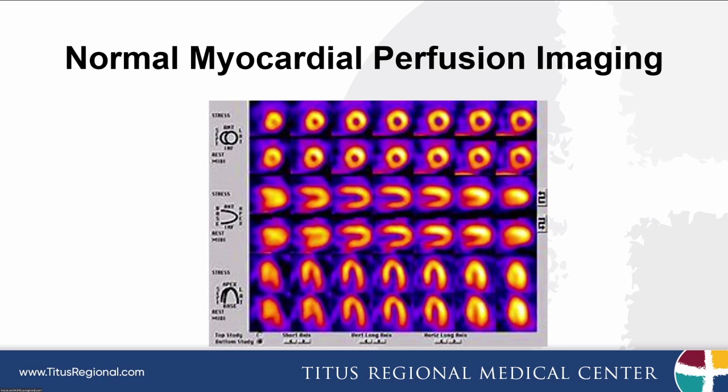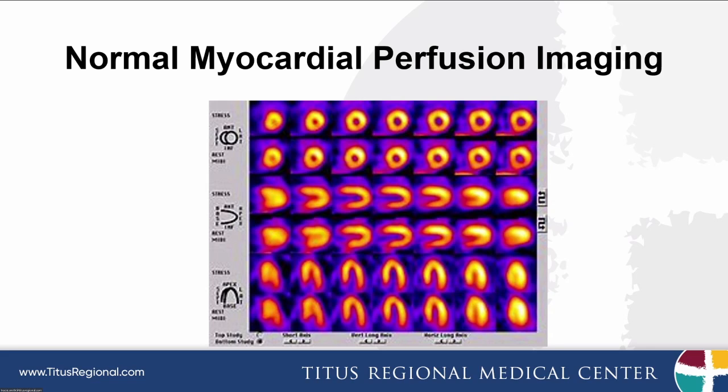And what you should see are small circles. So on the left-hand side, near the tip of the heart, the circles are going to be small. And on the right-hand side, as you get higher up in the heart, toward the base of the heart, the circles are going to be larger because that's the shape of the left ventricle. And what you can see here looks like a perfect circle where you have uniform orange activity of the nuclear isotope throughout all of the myocardium.